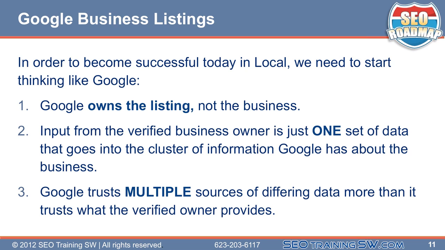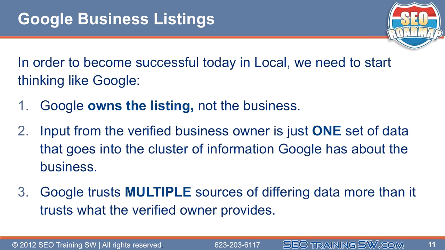Now, in order to become successful today in local, you need to start thinking like Google. Google owns the listing, not you, not the business. It's Google's listing. All right. So just, hey, this date, Google threw out my listing from Google.